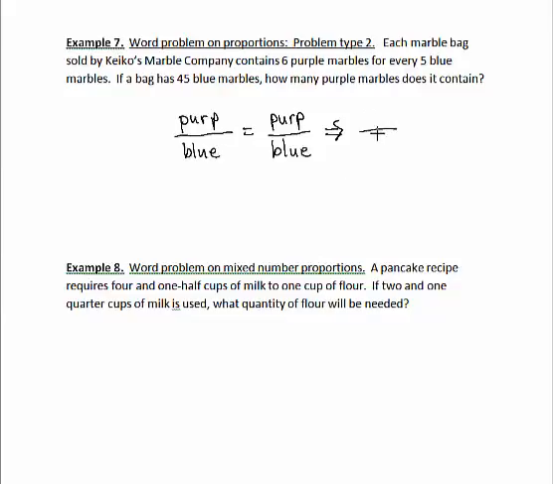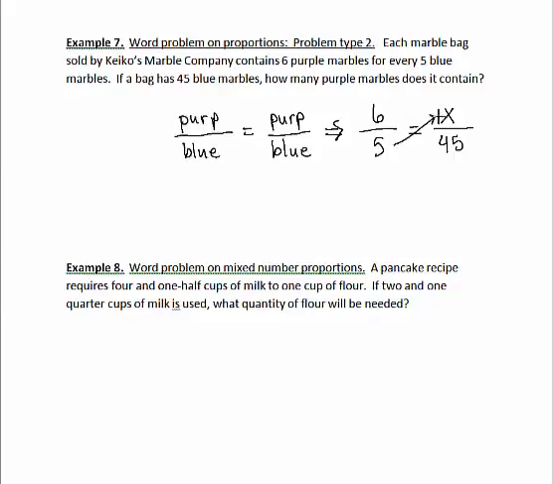Now we place our numbers inside of our proportion. 6 is purple, so it goes on the top. 5 is blue, it goes on the bottom. This is the ratio we were given. And now we have a bag that has 45 blue marbles. And so for the ratio on the right, we have the denominator, 45 blue. And so we don't know how many purple marbles we have, so the numerator becomes our variable.